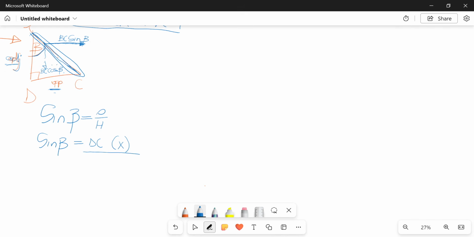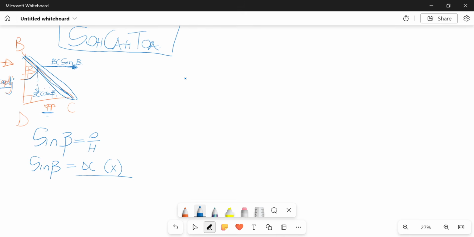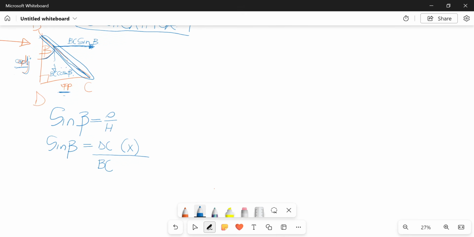Then your hypotenuse is that BC. It's that line we're trying to express as a component, okay? Then from here, we can already say our DC, which we can call x, will be your BC sine of beta.